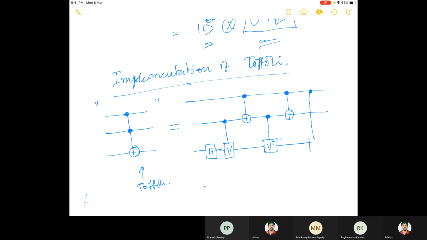Yeah, that is what I was talking about here. And then I have Hadamard here. Oh, sorry. So I have one more Hadamard here, and then this.